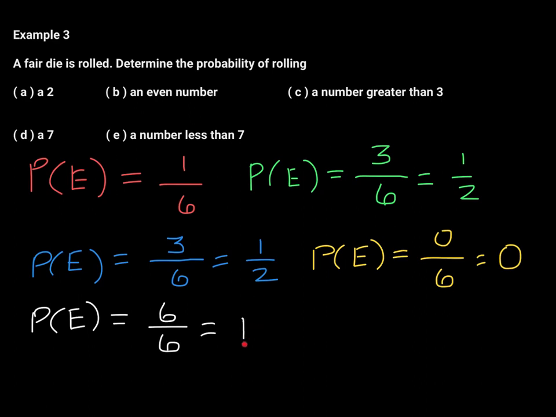So your probability is 1. In other words, rolling a fair die, you will for sure roll a number that is less than 7. That will always occur. One thing I want us to notice is that all of these probabilities are between 0 and 1 inclusive.